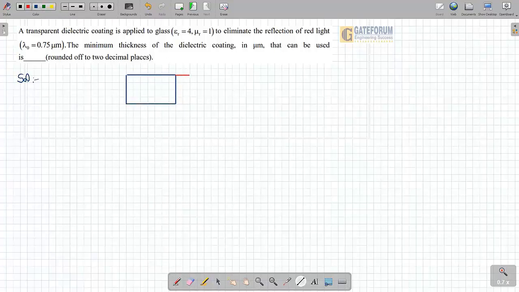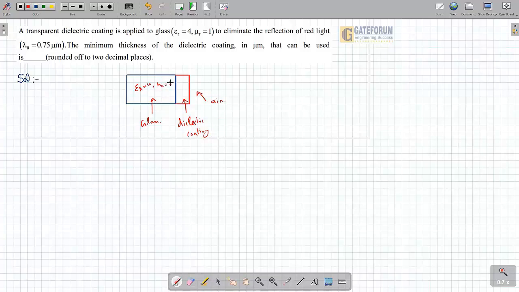Of course, I have made it thick, but it is not so thick. And then there is air here. So here there is glass, dielectric coating, and here air. Air has epsilon r equal to 1, mu r equal to 1. Glass has epsilon r equal to 4, mu r equal to 1.